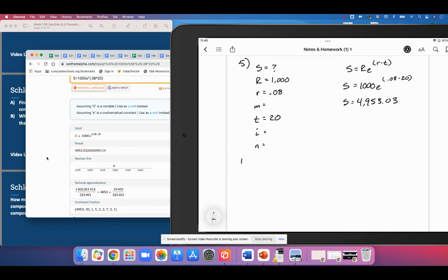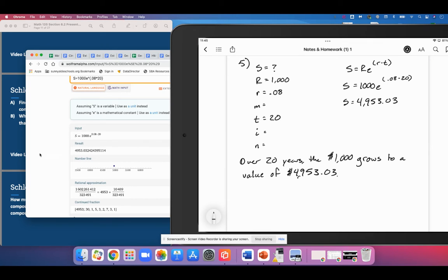Over 20 years, the $1,000 grows to a value of $4,953.03.